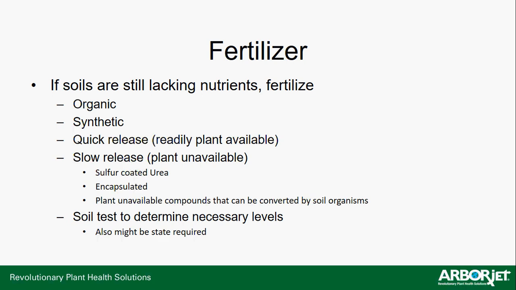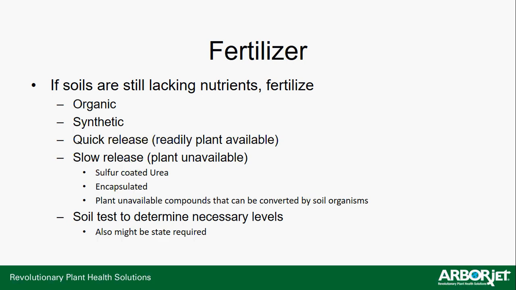Updated forms of that are encapsulated, so they're synthetically created capsules that can expand and contract with heat, so that as your soil warms up, they open up a little bit more and keep releasing some of that nutrient. So it's a pretty steady, consistent release throughout the summer. And then there's always the version where you're putting down plant unavailable compounds and then letting your soil convert that to plant available compounds.